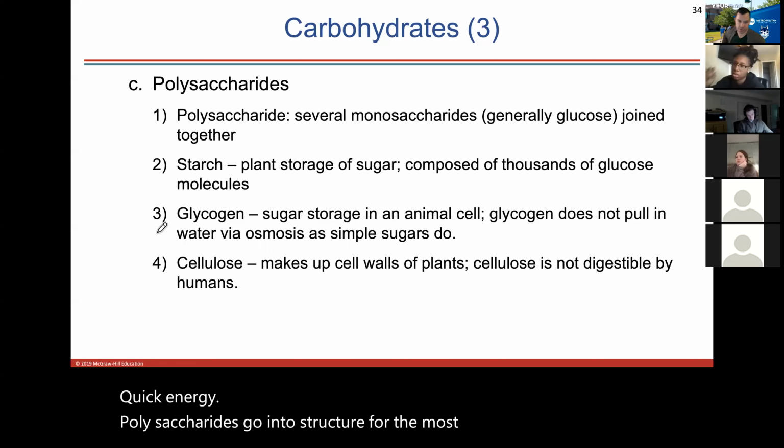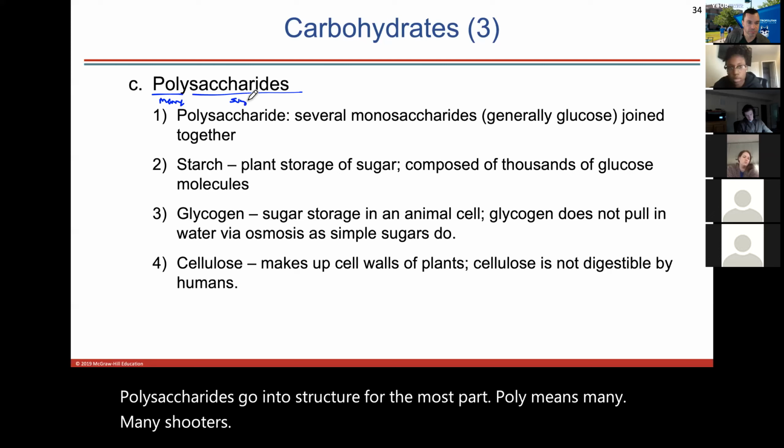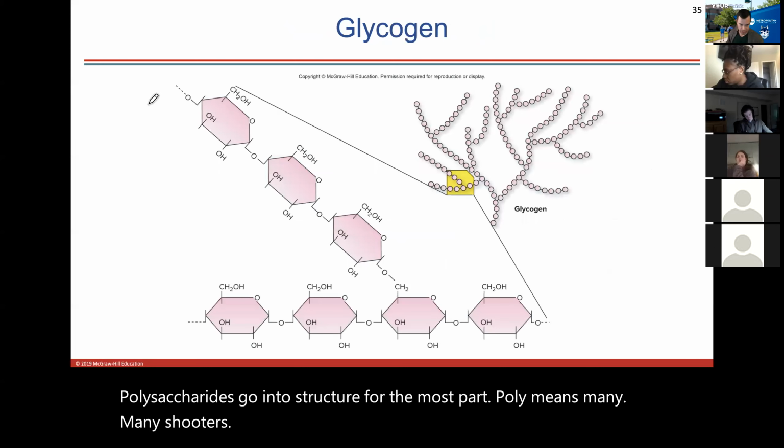Poly means many. Many sugars. And generally, it's a number of glucose molecules strung together, and that's what they're trying to show you here to impress upon you.